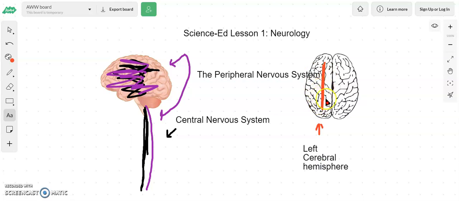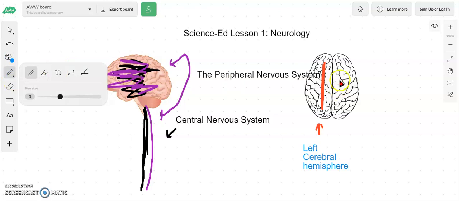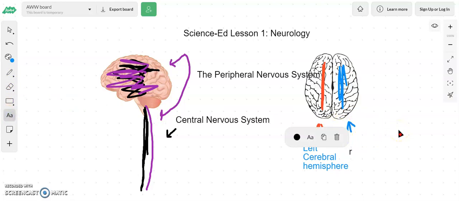And the right side of the brain is called the right cerebral hemisphere.